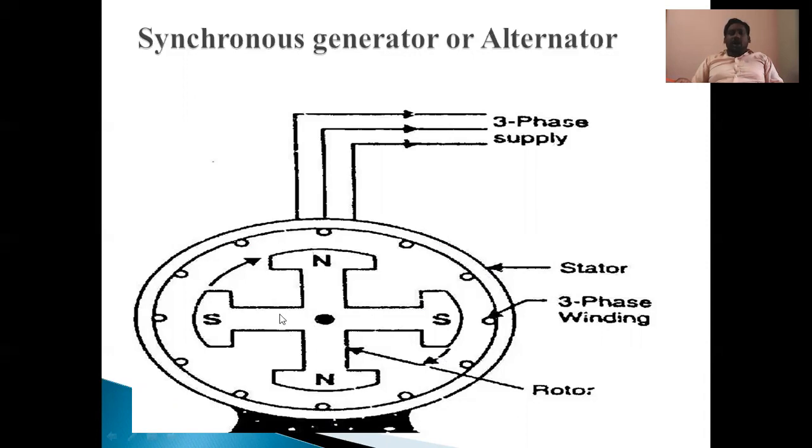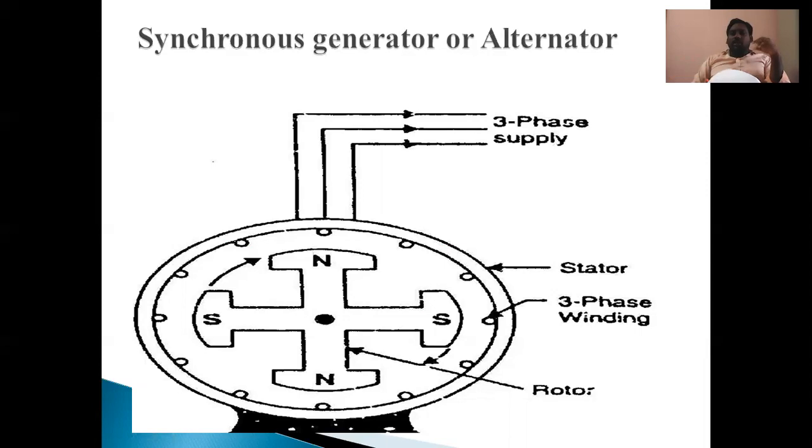How is the DC supply provided? Here the DC supply means DC voltage. By using DC shunt generators and batteries we can supply DC voltage. Then when DC voltage is provided to these field coils or field windings, a direct current flows.